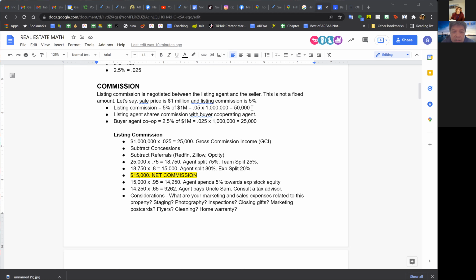A buyer's agent comes in and the listing agent cooperates with the buyer's agent and generally splits the commission 50-50, but it doesn't have to, right? So if the listing agent is doing more work, maybe they're overseeing a renovation, maybe coordinating contractors, then maybe they negotiate a higher fee for themselves.